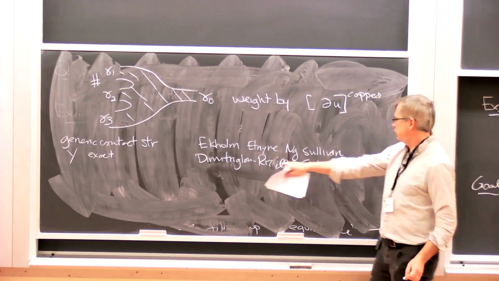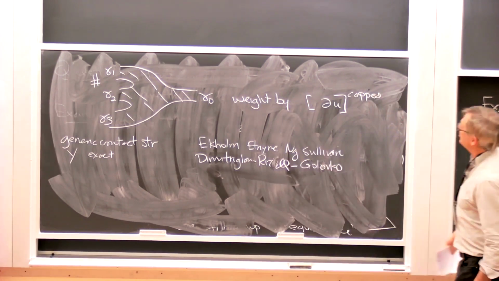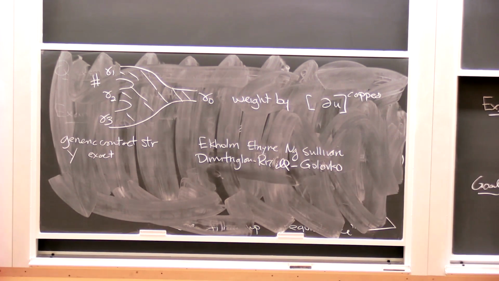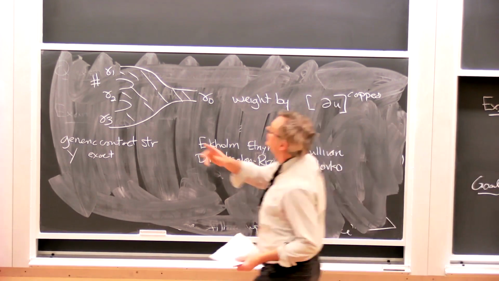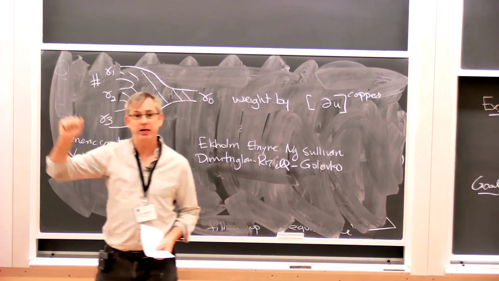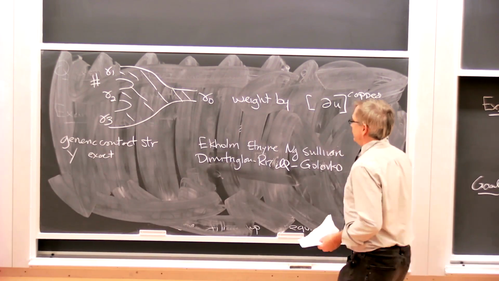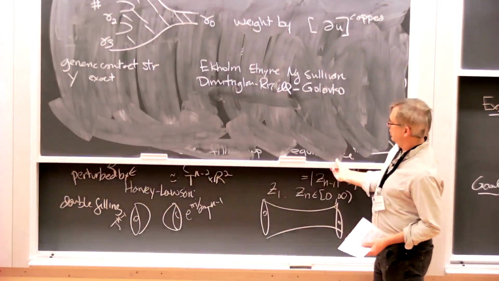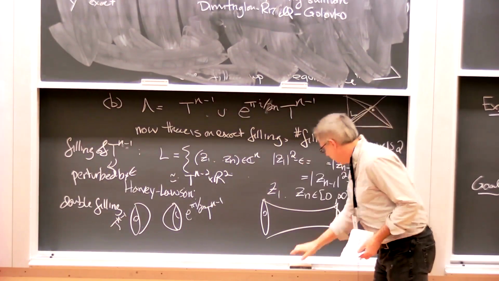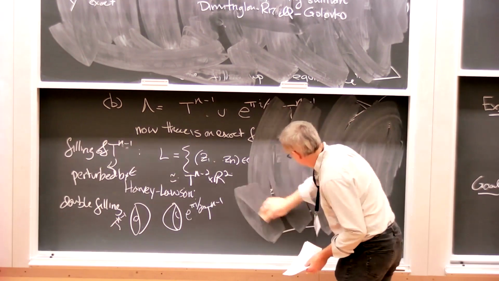Then you have countably many Reeb chords, and you can at least try to set this up so that del squared is 0.